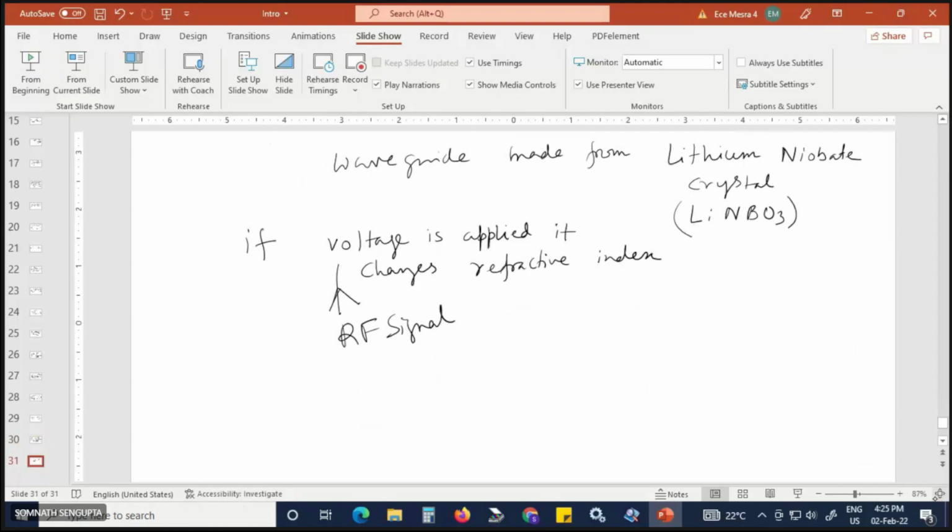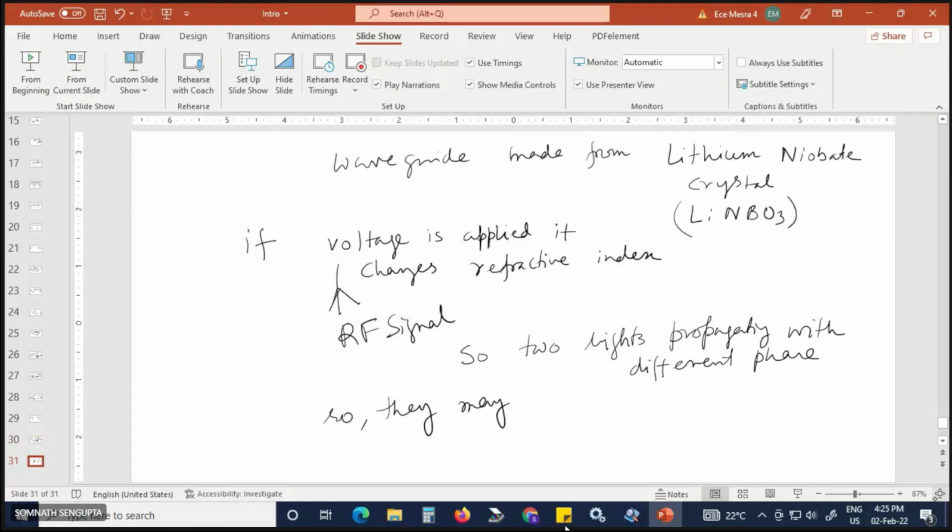So there are two lights having different phase. So what can we write? Two lights propagating with different phase, so they may interfere constructively or destructively.